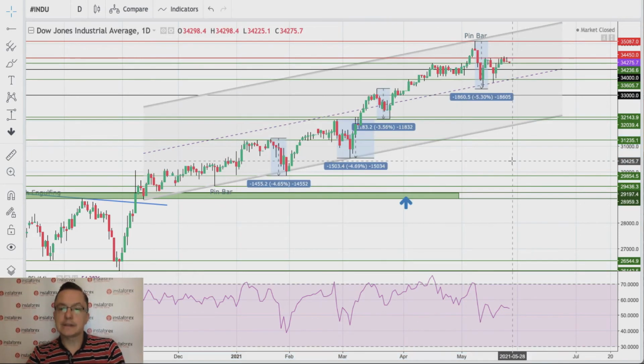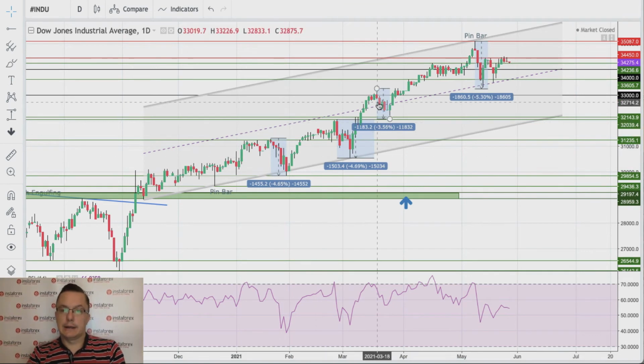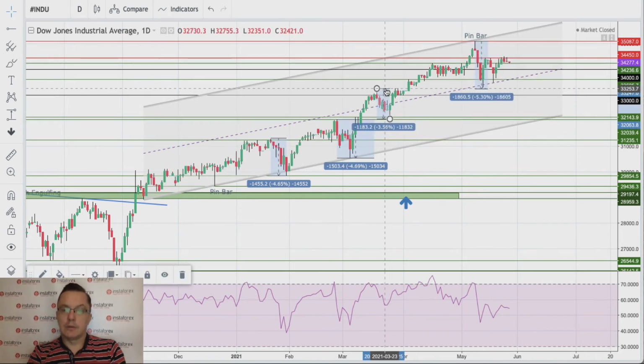So the market is trading in the upper zone of the channel, bounced from the middle line, bounced again, so it definitely doesn't want to go lower.